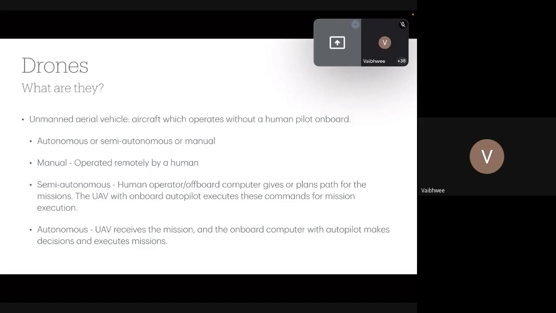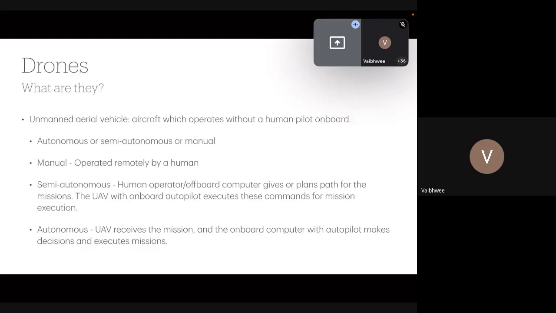So from there on, somehow the history says that this is how these unmanned aerial vehicles came to be known as drones. But the term drone is very much used analogously to multicopters, as opposed to fixed wing aircrafts and rotary wing aircrafts, whose classifications we will soon see.